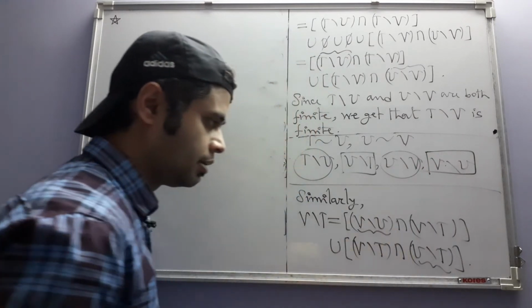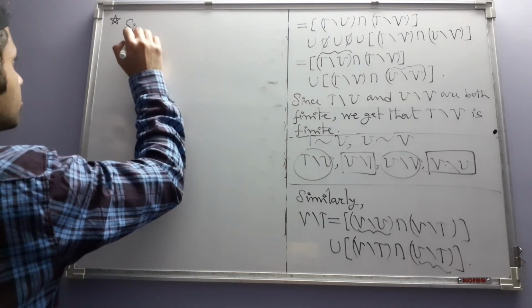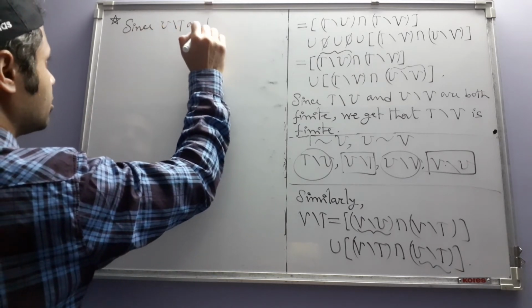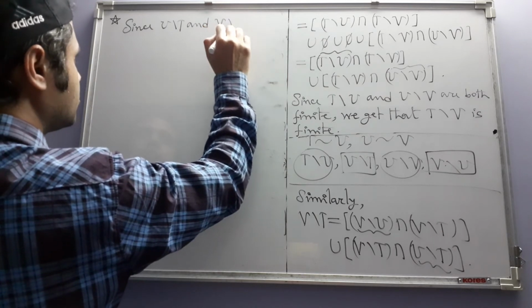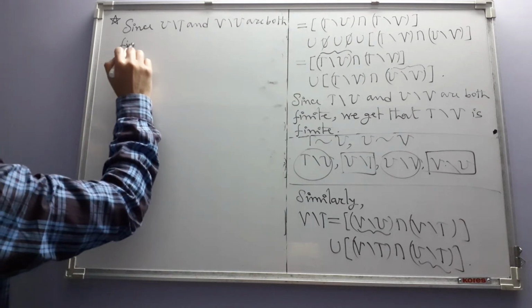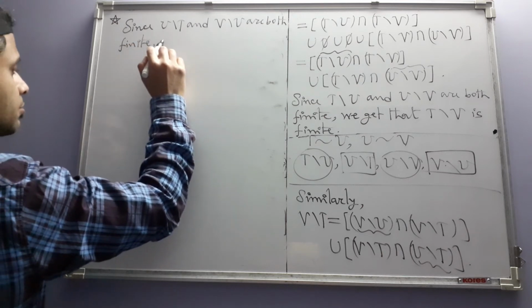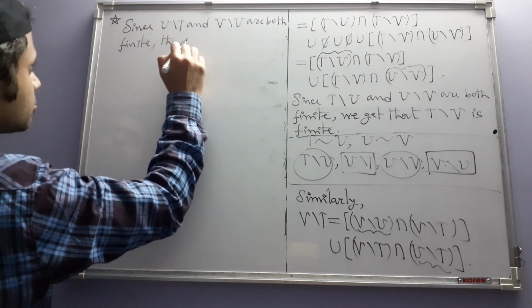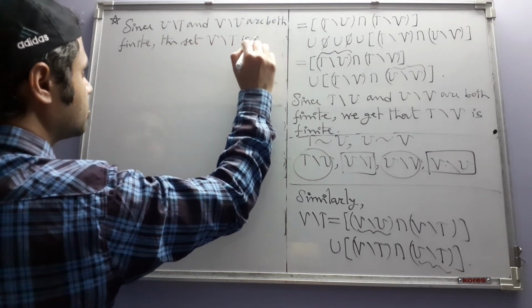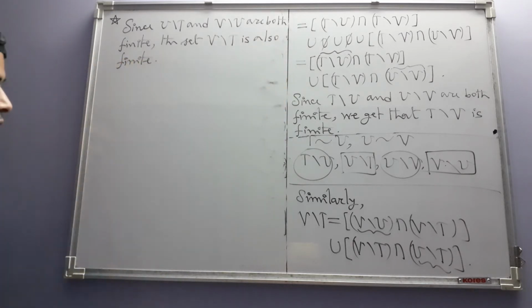So this is finite, and that's why again, since u difference t and v difference u are both finite, the set v difference t is also finite.